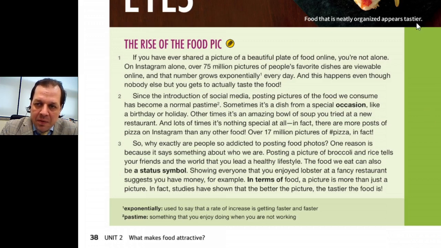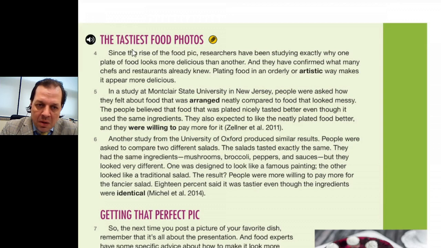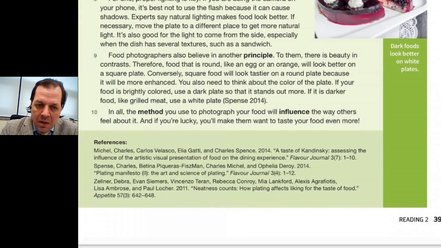The rise of the food pic, the tastiest food photos, getting that perfect pic. Right, and there's some references. You might find those. References just tells you where this information came from, like a bibliography.